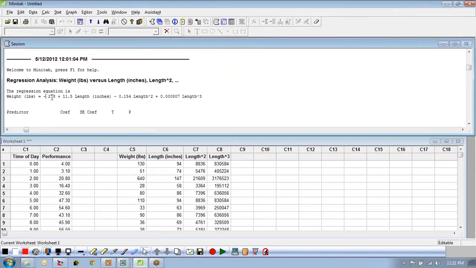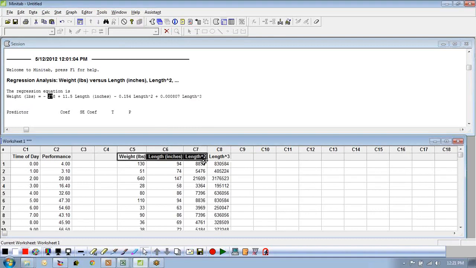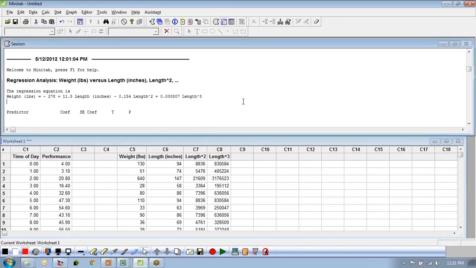That also matches the Minitab 278 right there. So it all is matching up, and we could do it just in that same way through multiple regression. It really is a multiple regression where we have multiple variables that are just expressions of the same variable. It's kind of weird.